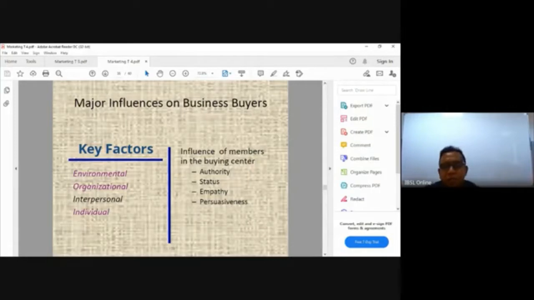Even within the buying center or buying unit, there can be different individuals who have different ideas. So they may argue, and they may try to influence the buying decision.